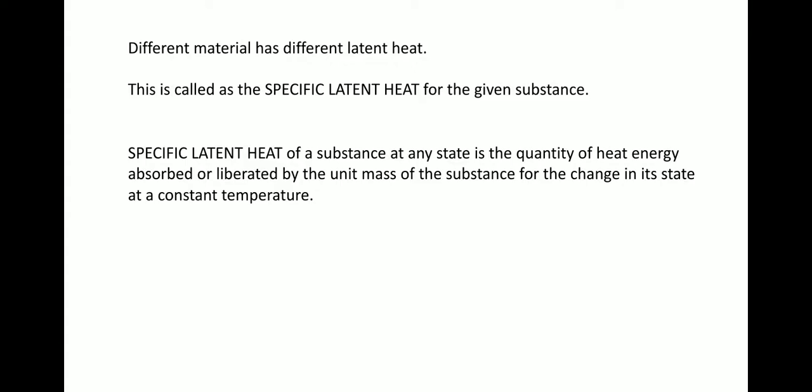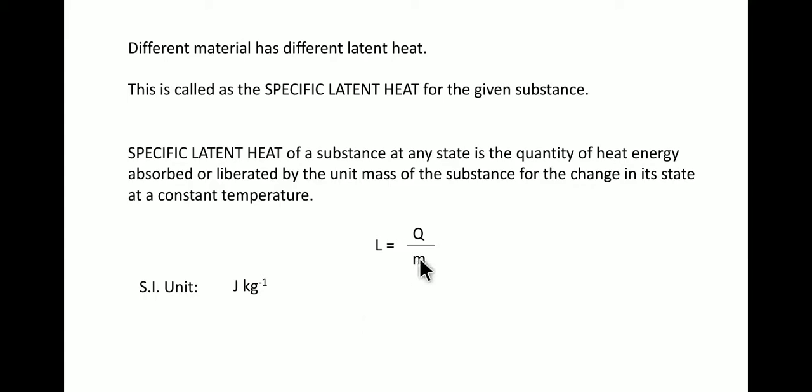The specific latent heat is represented by capital L, which is equal to the heat energy Q divided by the mass of the body. So L is equal to Q by M is the relation between the specific latent heat, the heat energy, and the mass of the body. The SI unit of specific latent heat is joules per kg.